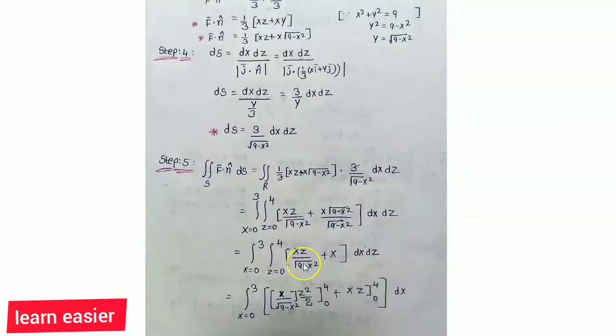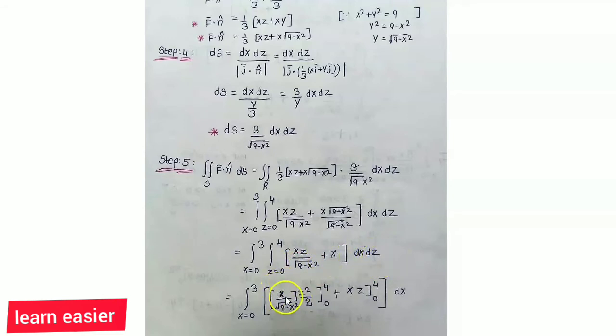First we have to integrate with respect to z. So you can see here we have xz by square root of 9 minus x square. First of all we have to integrate them with respect to z. That's why x by square root of 9 minus x square becomes constant, because here we are integrating with respect to z first.